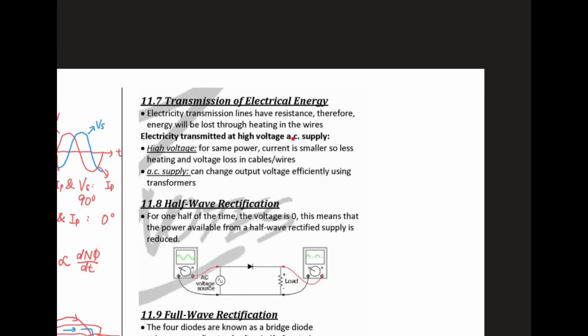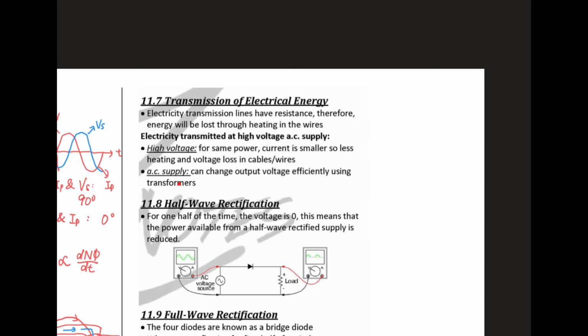At the same time, the output voltage is still alternating voltage. So why do you have to increase the voltage, and why do you have to use alternating current supply? Of course, alternating current supply is compulsory for a transformer. A transformer must use alternating current.